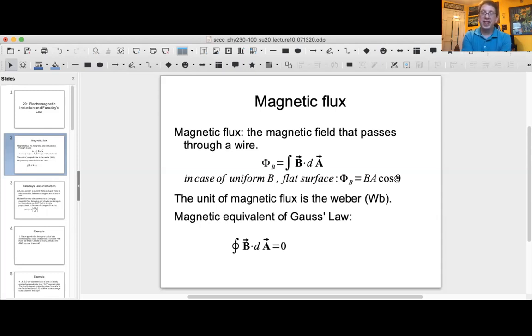Theta is actually important because in AC generators, you're rotating a loop of wire through the magnetic field, so it's theta that's always changing, and that results in an alternating current, where the direction shifts back and forth and back and forth.